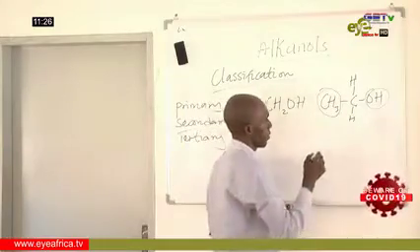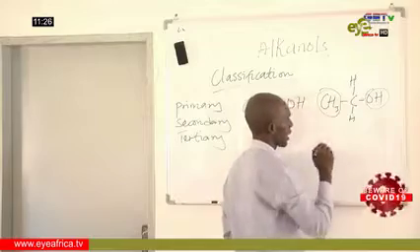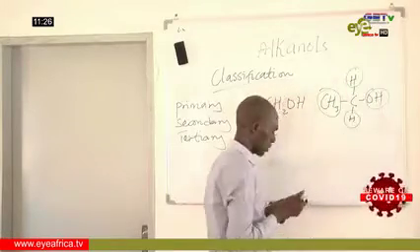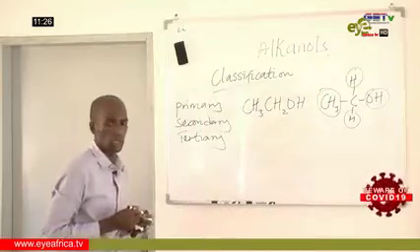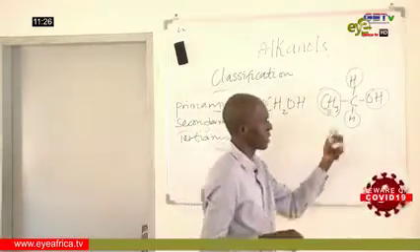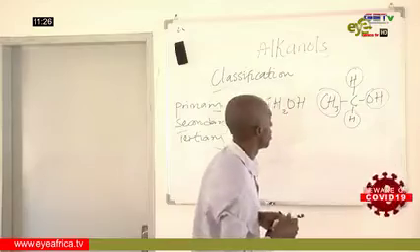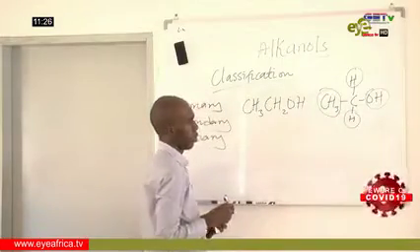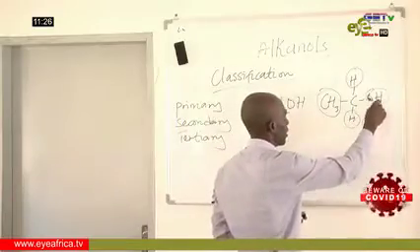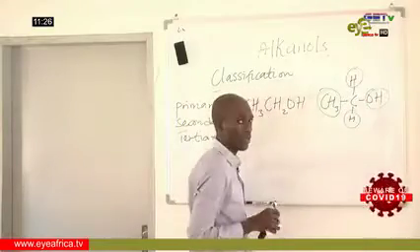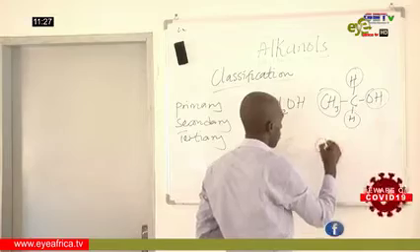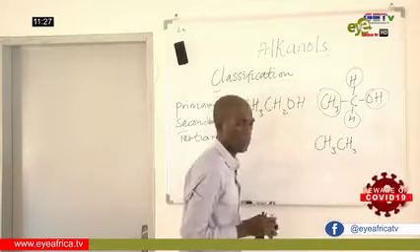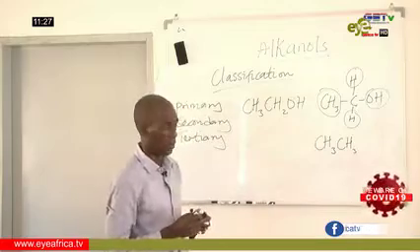Another method that we can use to classify primary alcohol is the number of hydrogen atoms attached to the carbon. So if you have 2 hydrogen atoms attached to the carbon, then we refer to it as what? A primary alcohol. Why? Because looking at this, the OH substitutes a hydrogen from the alkyl group, that is CH3, CH3. This is supposed to be the compound, that is an alkane.